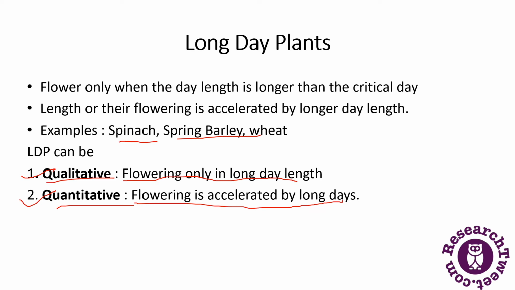When the day is long and the sunlight is more, then they flower, that is called qualitative. And in quantitative, flowering is accelerated by longer days. So this was about long day plants. The examples are spinach, spring barley, and wheat.